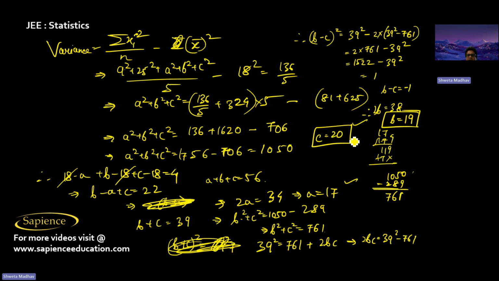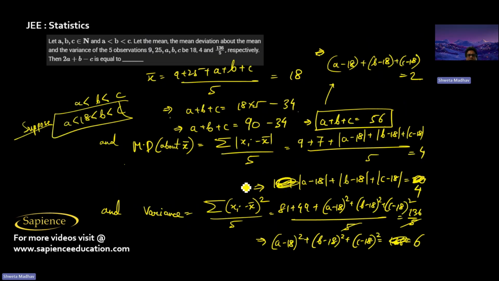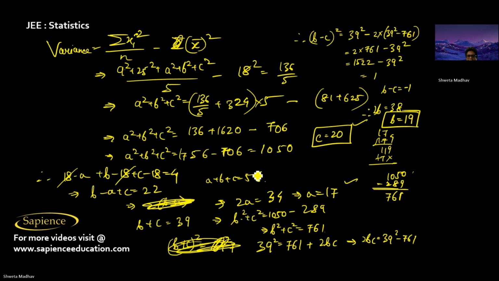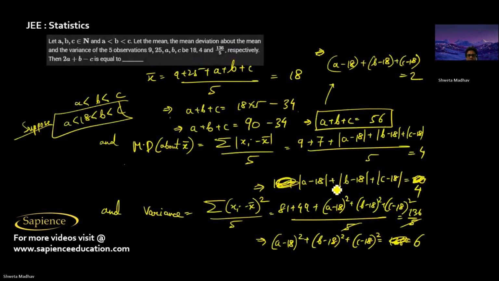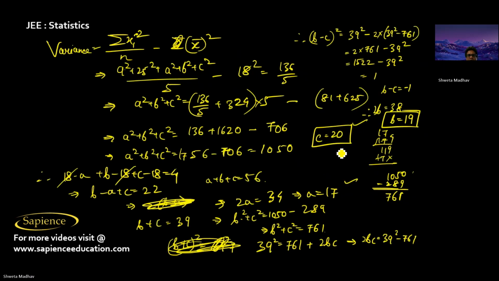So we have found out A is 17, B is 19, and C is 20.